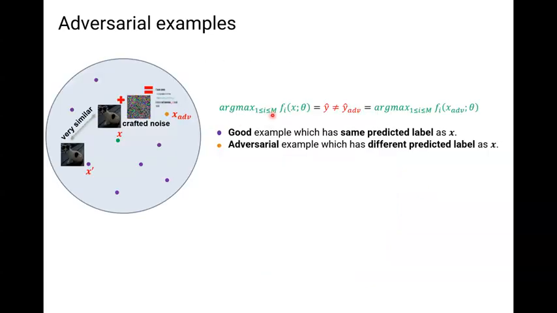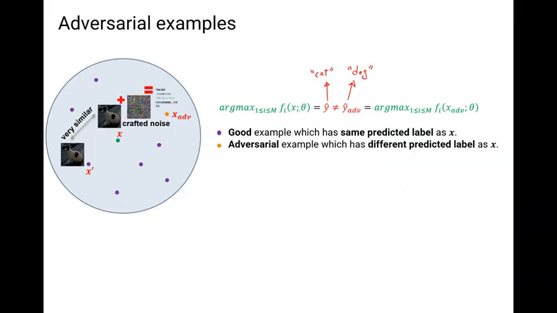There is some more mathematics, so don't worry about that. This is just repeating what I have just said with some mathematical notation. These are the ones I said: the cat, and this misclassified label, for example a dog.